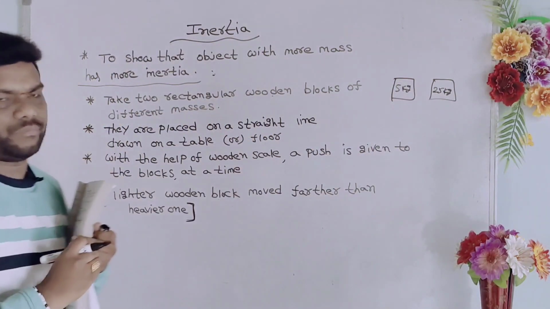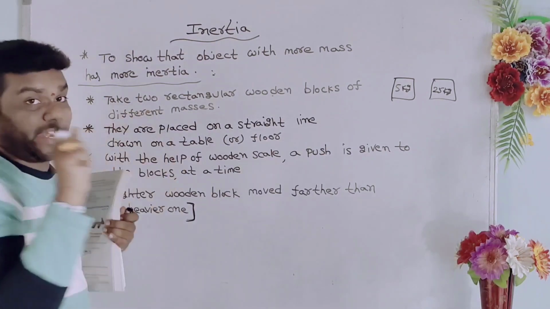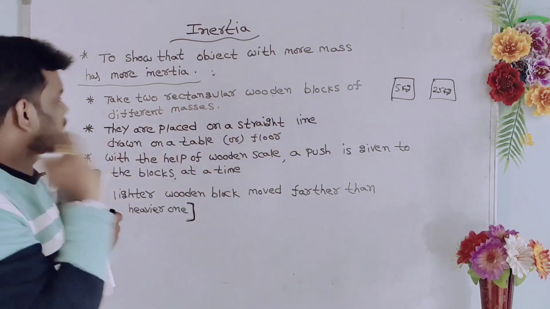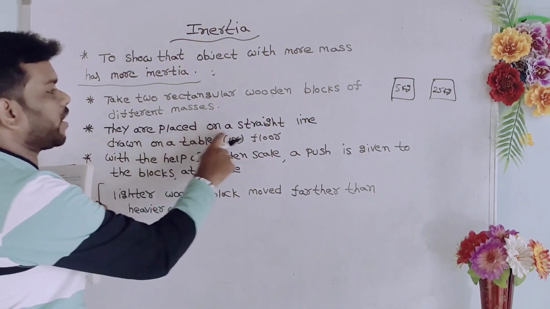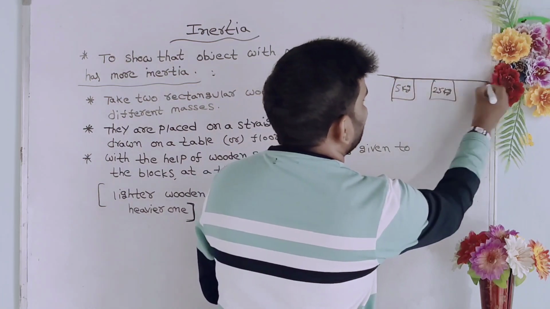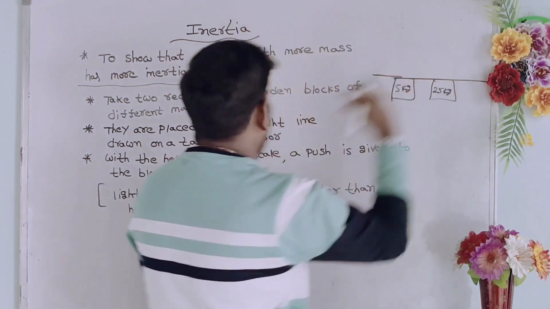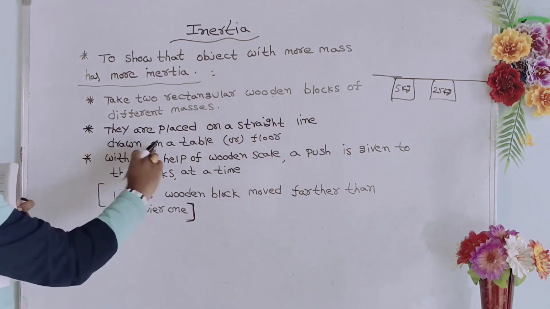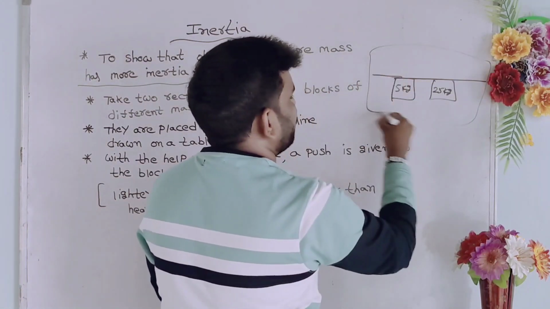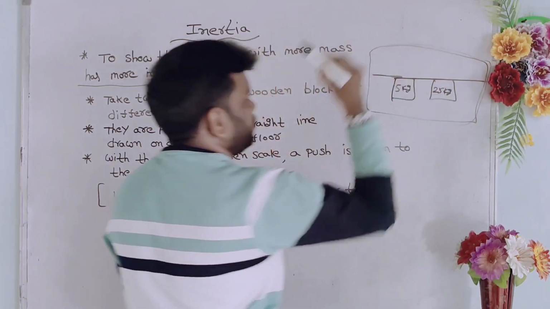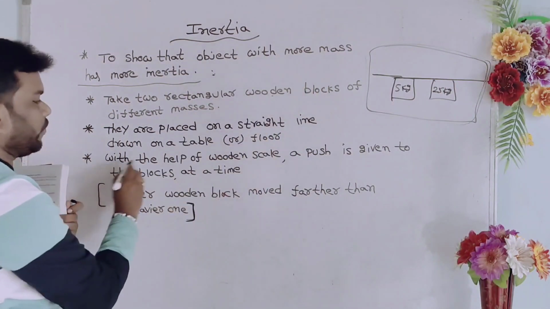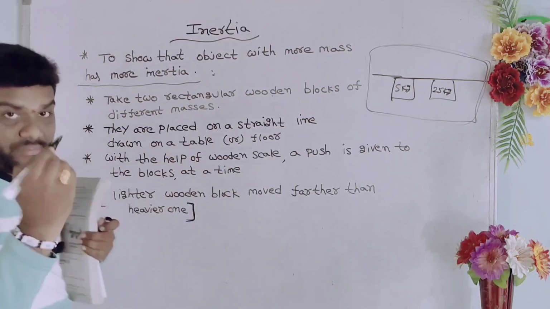They are placed on a straight line drawn on a table, on the floor, with the help of a wooden scale.